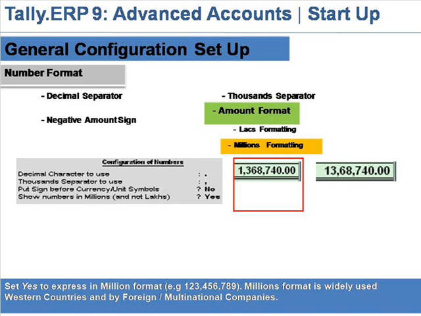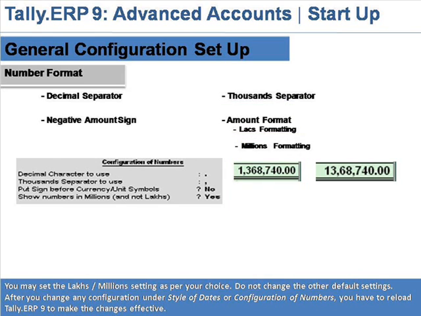For example, the same figure would be shown as 123,456,789. Million format is widely used in Western countries by foreign multinational companies. You may set the lakhs or millions setting as per your choice. Do not change the other default settings. After you change any configuration under Style of Dates or Configuration of Numbers, you have to reload Tally.ERP 9 to make the changes effective.